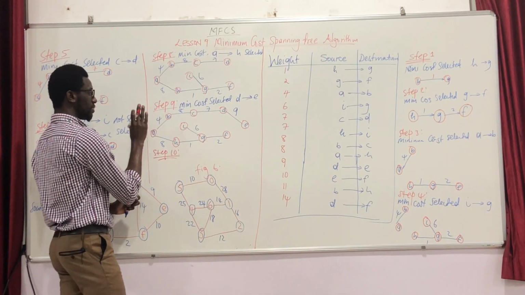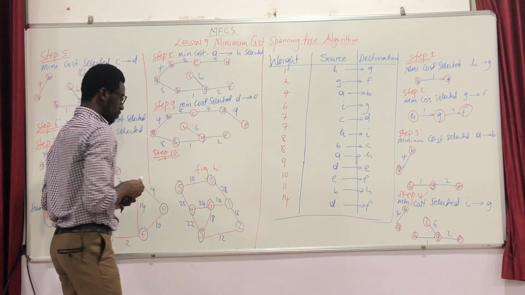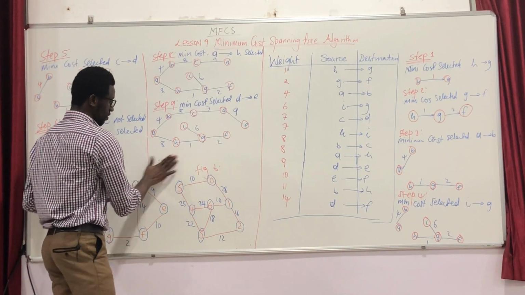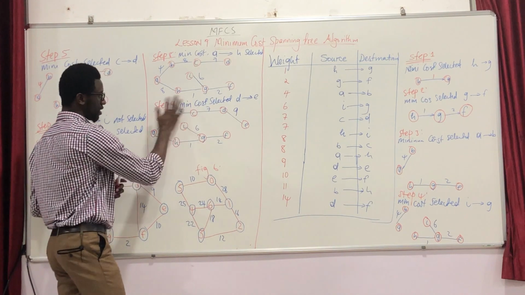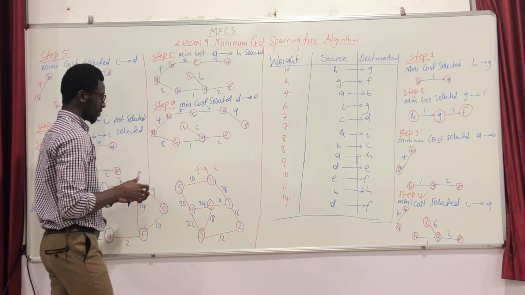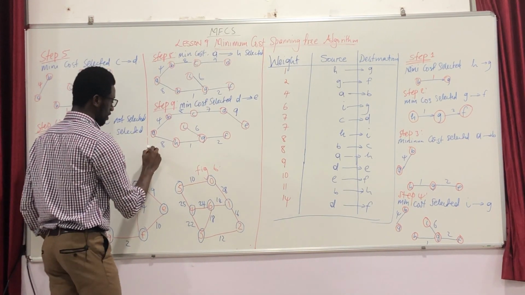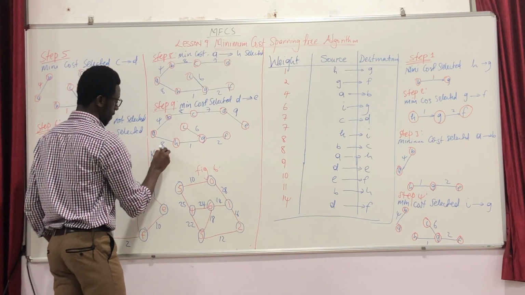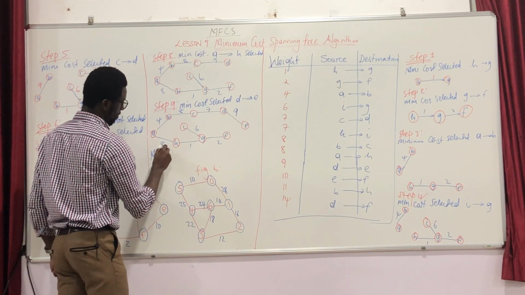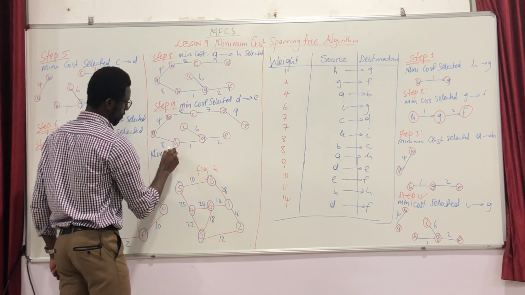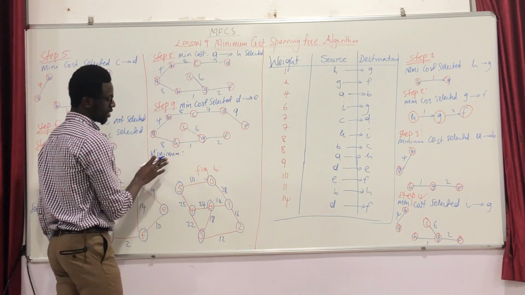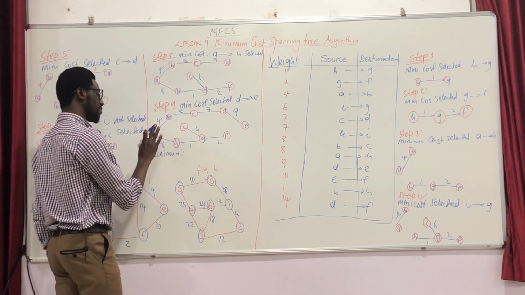Okay, so basically, now to calculate the minimum cost, we add all these weights we are seeing. So minimum cost here, you can also say the shortest path, or you can say minimum cost.